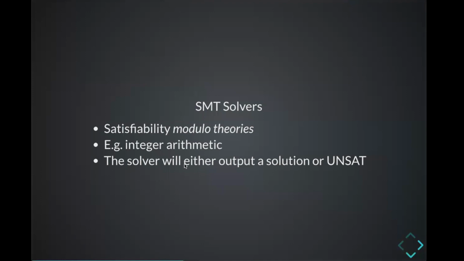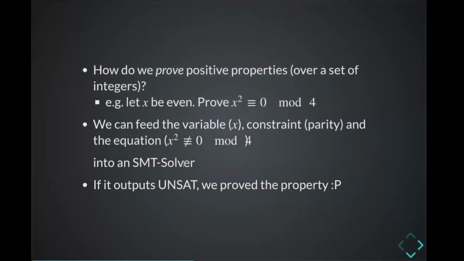So how do we prove properties over a set of integers? For example, let x be even. Prove that x squared is always divisible by 4. We can feed the variable, in this case x, the constraint, in this case parity, and the equation, in this case x squared is not congruent to 0 mod 4, into an SMT solver.